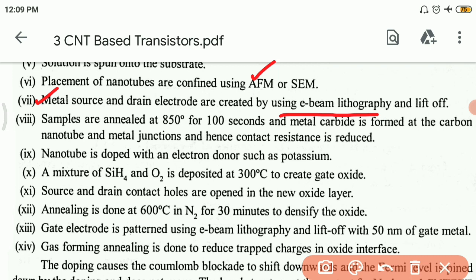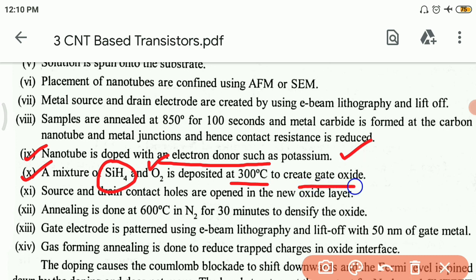Now the samples are annealed at a temperature of 850 degrees for 100 seconds, and metal carbide is formed at the carbon nanotube and metal junction, and hence the contact resistance is reduced. Then next point, the nanotube is doped with an electron donor, such as potassium in the case of doping. Now a mixture of SiH4, meaning silane, and oxygen is deposited at 300 degrees Celsius to create the gate oxide.